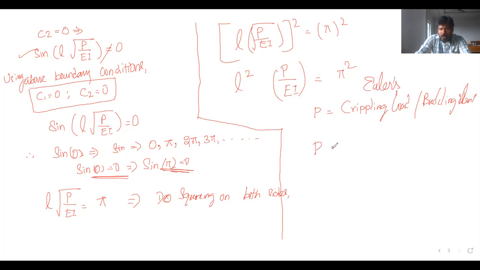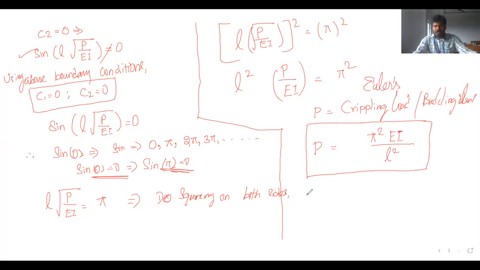So P I am going to keep on the left side, and the remaining terms go to the right side: pi squared EI by L squared in the denominator. So P is equal to pi squared EI by L squared, that is Euler's equation for a column with both ends hinged.